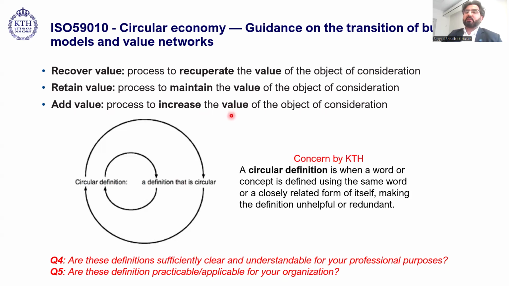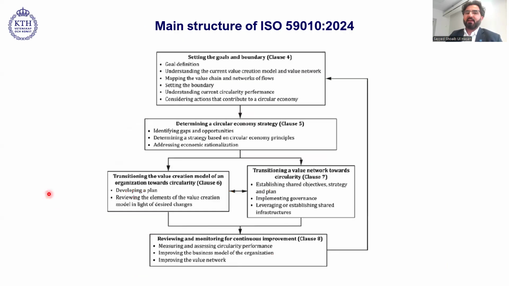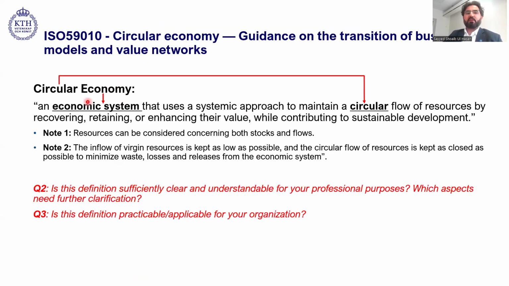And these definitions are important to understand because you will see that when we are categorizing the actions that contribute to circular economy, we are categorizing them under actions that recover value, actions that help to retain value, actions that help to add value. So if you now go back to the definition of circular economy again, you will see that there is a little bit of circularity here as well. As you can see, for example, economy, we are using the similar related word, circular economic system.